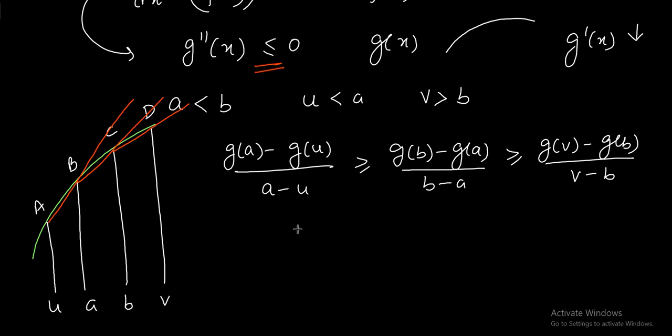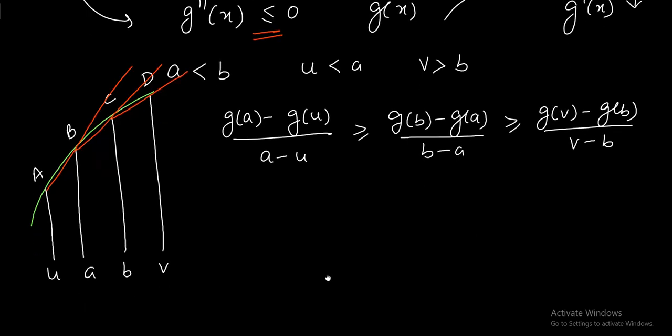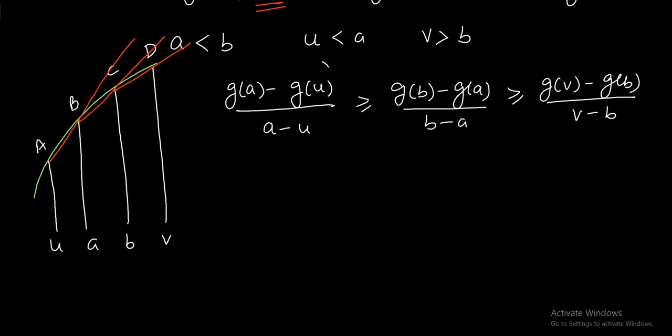Next, all the g values are positive. Why are they positive? Because I have assumed g of x as 1 upon f of x, and in the question f of x is positive. So observe carefully how I'm writing, because g of u and g of v are also positive.